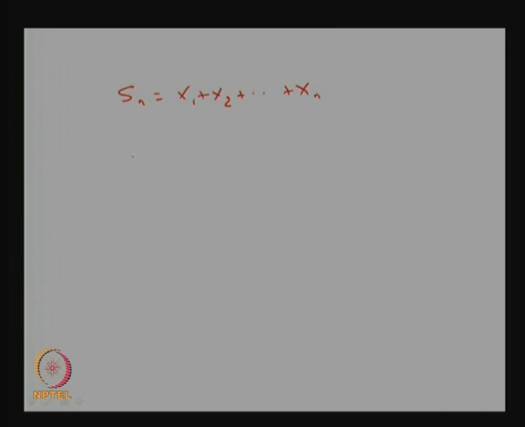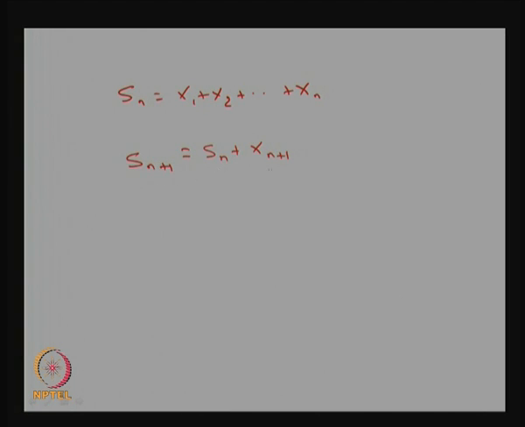It can be observed that Sn plus 1 is the same as Sn plus Xn plus 1, since Sn is the partial sum of the first n trial outcomes.